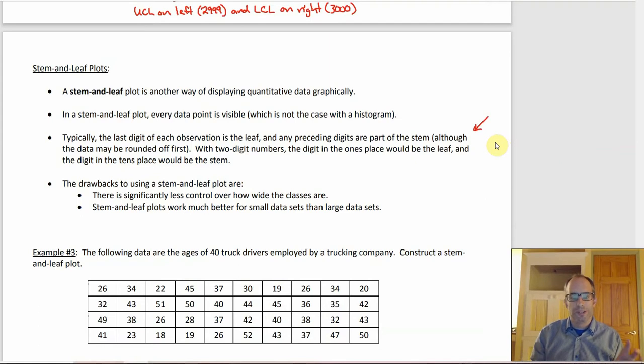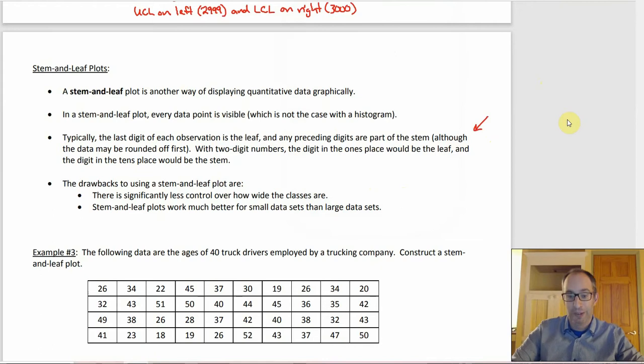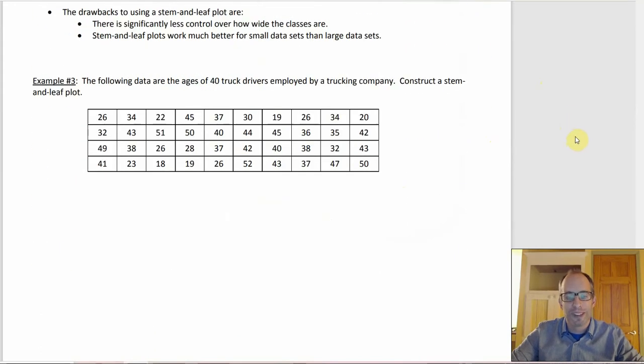That way you get a stem and leaf plot that's this long instead of a stem and leaf plot that's this long. The drawbacks are that you don't really get to control how wide the classes are. And also that for a big data set, these things look really nasty. They're good for a small data set. I do have an example in here of what happens if you do it with a big data set, but we'll get there in a few minutes.